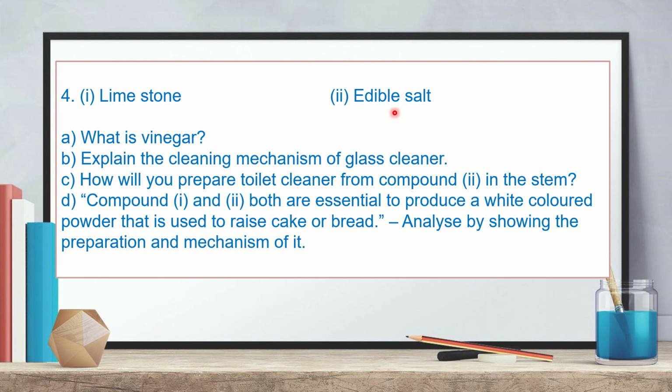And compound 2, edible salt, both are needed to produce the white colored powder, that is baking powder. You have to write the preparation of baking powder by using them and also the mechanism of baking powder. This question, question C, you will get in my lecture 9 and question D you will get in lecture 8.